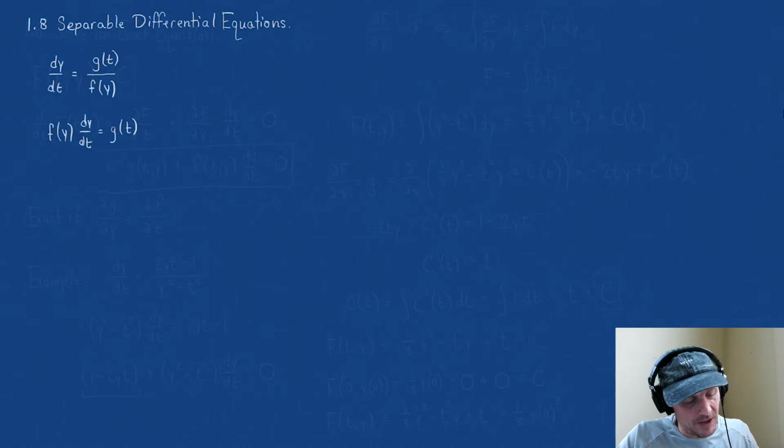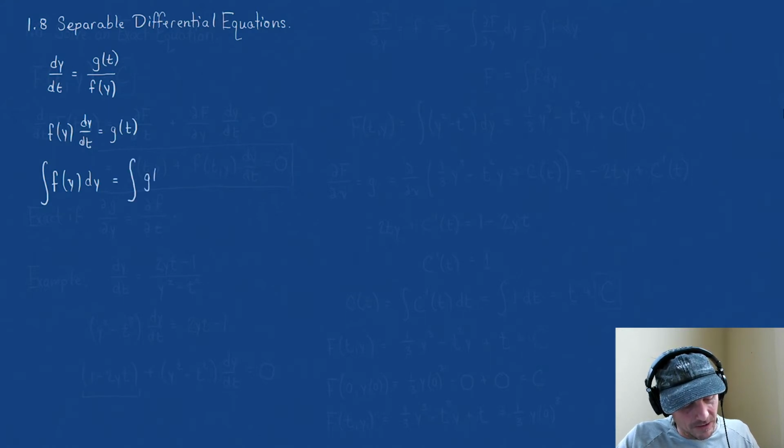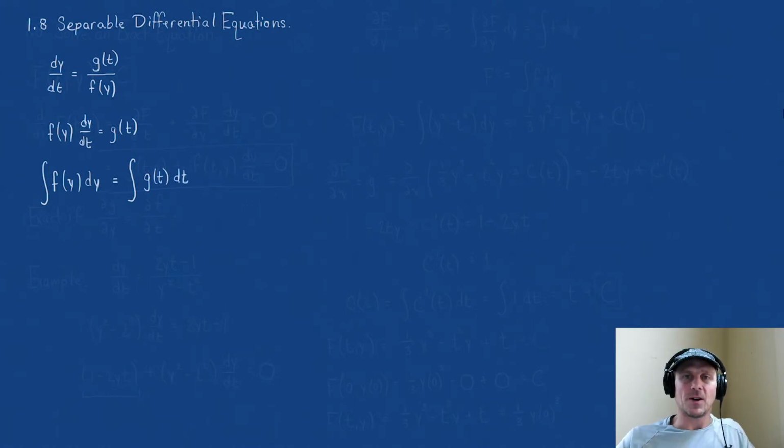Whatever it is, fine. But what we're going to do now is think of it this way: f of y dy. We're going to take that integral, and the integral of the other side, which is g of t dt. Now, when we do this, what do we get?